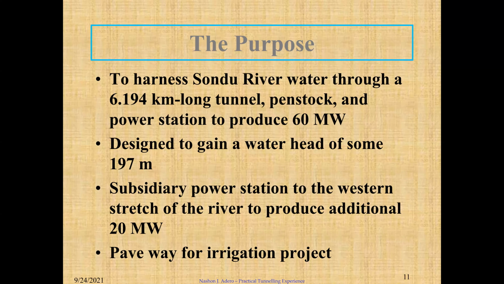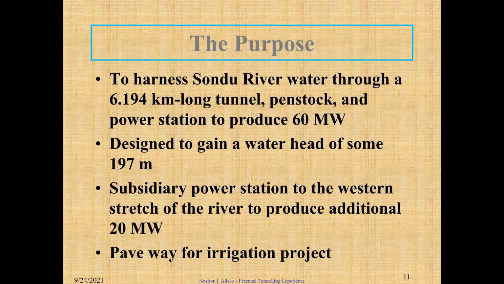And you must also have a head. This head is meant to harness the water to give you the kinetic energy you need to generate the 60 megawatts. So the designed head was 197 meters, that is the total fall, delta H, and this is what you use as a variable in the equation for converting that potential energy to kinetic energy.